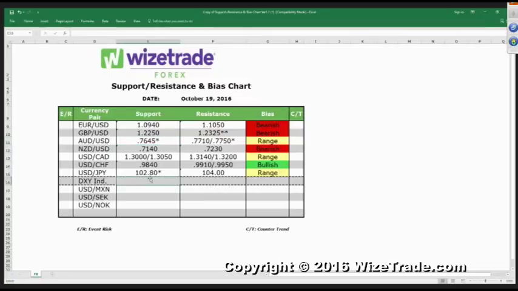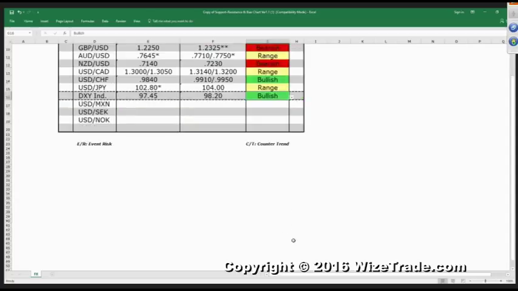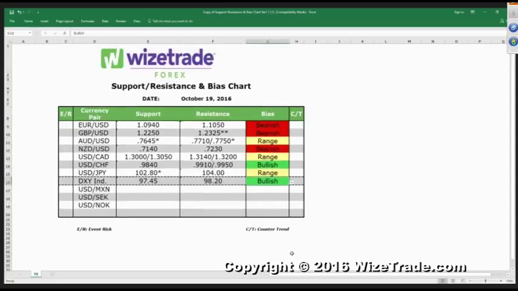So same numbers as yesterday, 97.45, 98.20. We're bullish right now, but we're getting towards the upper end of the range.